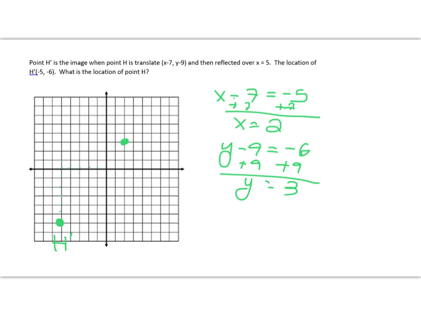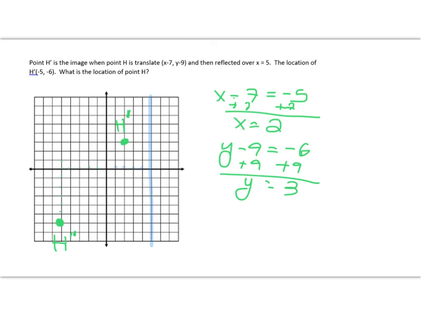So I'm almost there. So here I am. I should make this a triple prime, and so that would make this a single prime. And therefore, the final thing I did is I reflected over x equals 5. So let's go ahead and highlight x equals 5. 1, 2, 3, 4. That means right here, x equals 5.